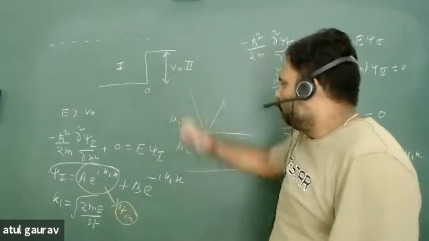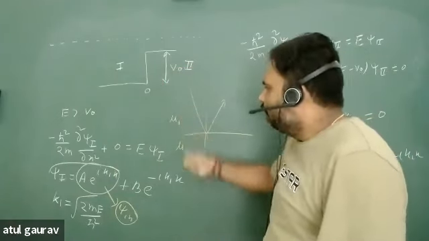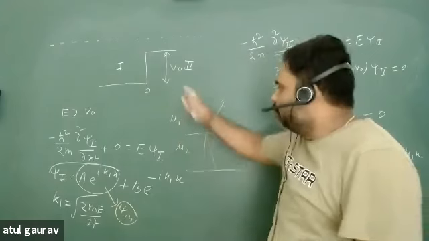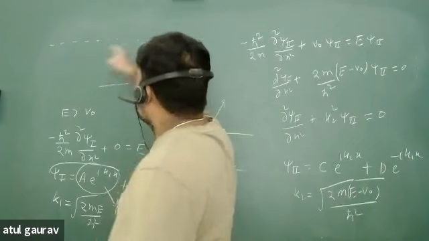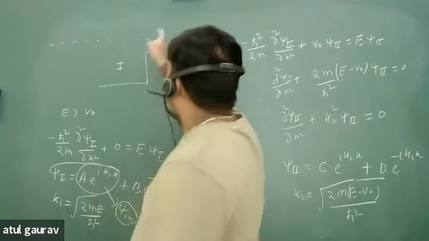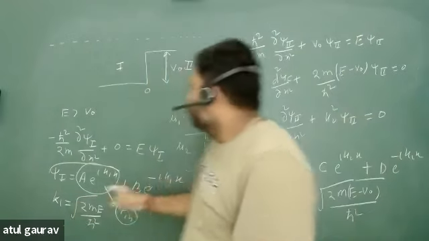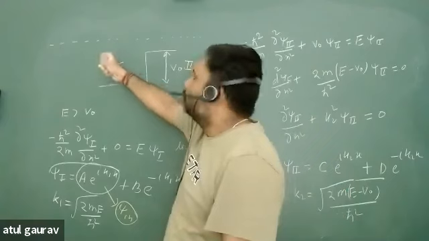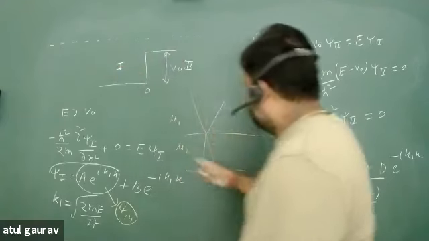A different refractive index means the speed of light is different in the two regions. Here it has different momentum and here a different momentum, because the k value is going to change, isn't it? So the speed of the particle is different here and different here. I can tell it analogically.